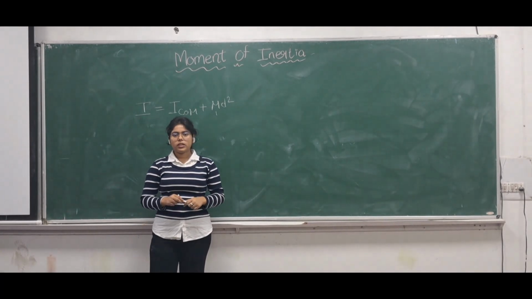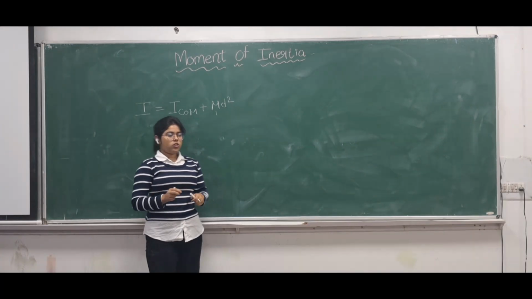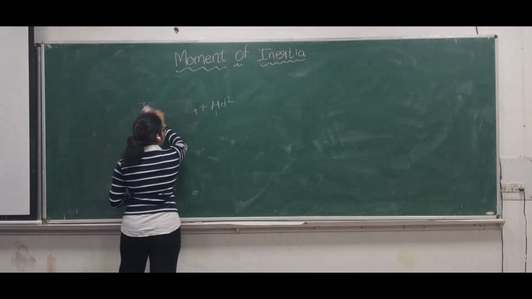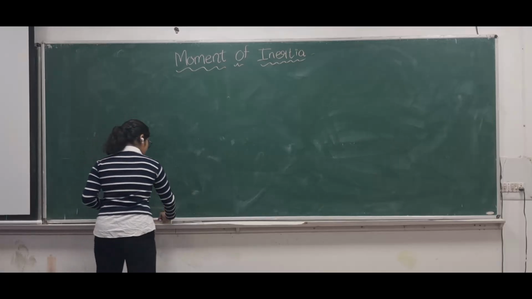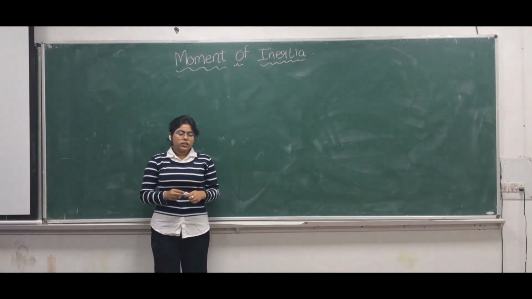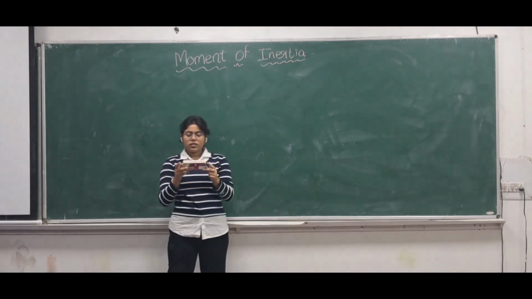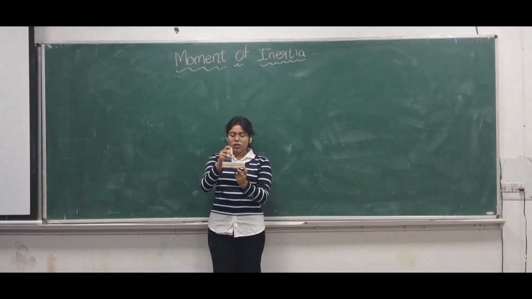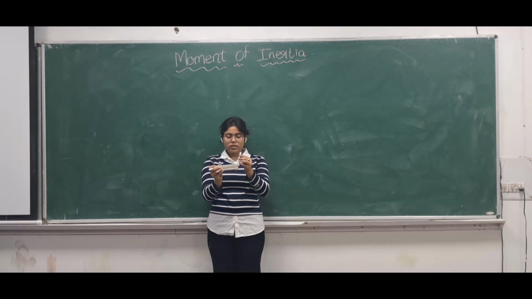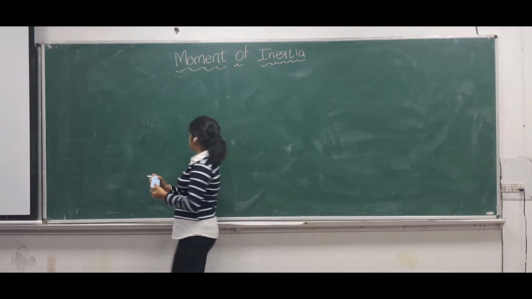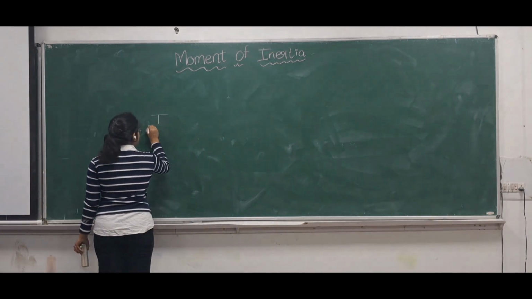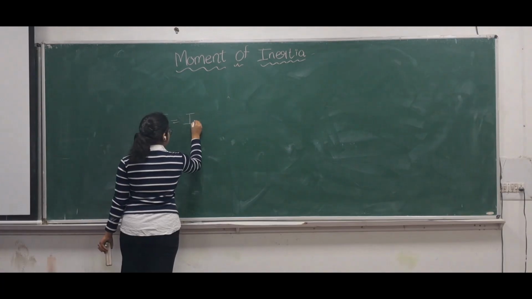Now I apply the parallel axis theorem to this rod. Let us take this is the rod and this is the moment of inertia along the center. Now take this axis shifted from the center to the end. Therefore, I equals I center plus M d square.